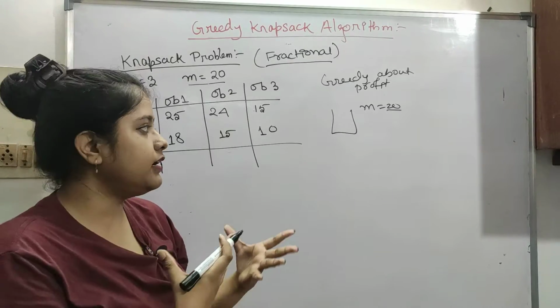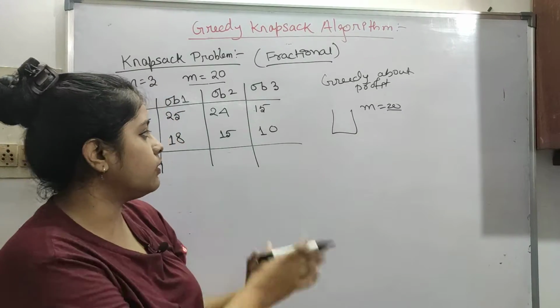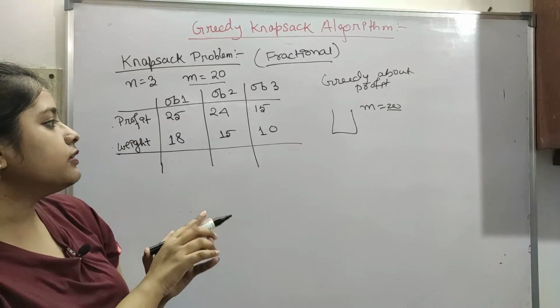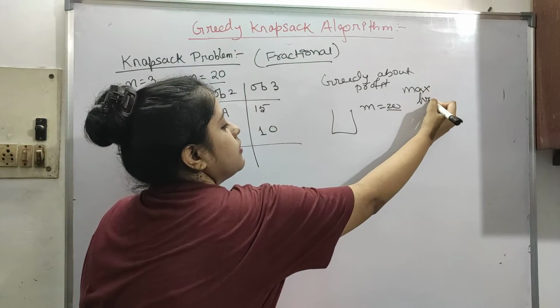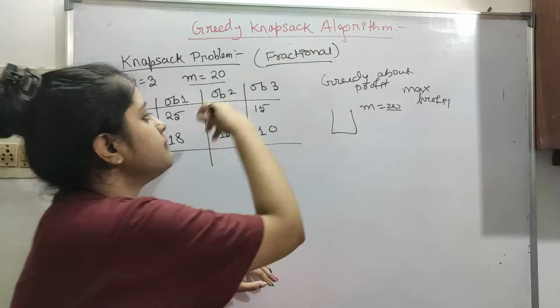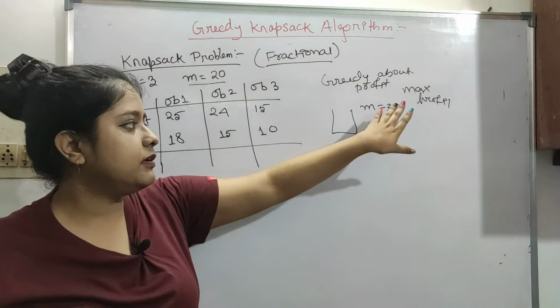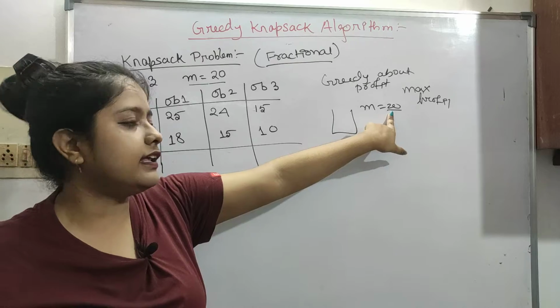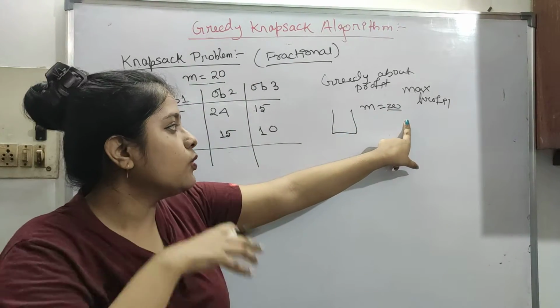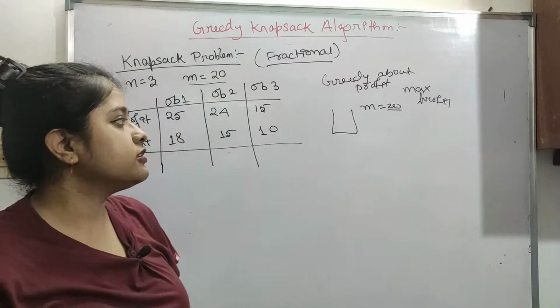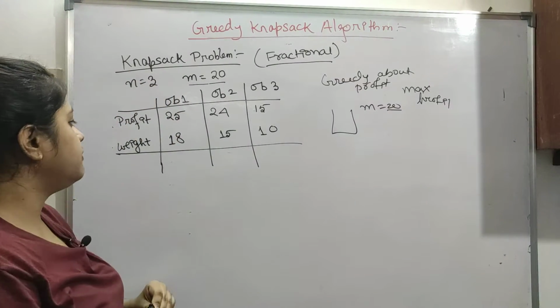That is the main logic behind this algorithm. He can even break some item and place it, because he can carry a maximum weight of 20. So now let's see how it can be done.